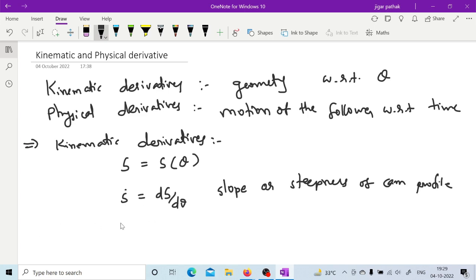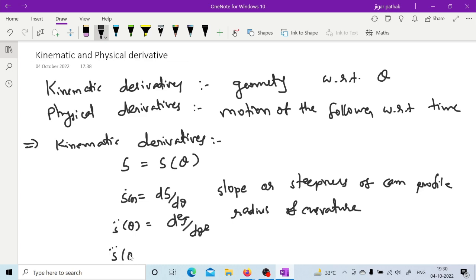Now if you go for the second derivative, it will be d square s upon d theta square. It is going to represent the radius of curvature at a particular point in your cam profile. And finally one more derivative is there in order to maintain smooth operation.